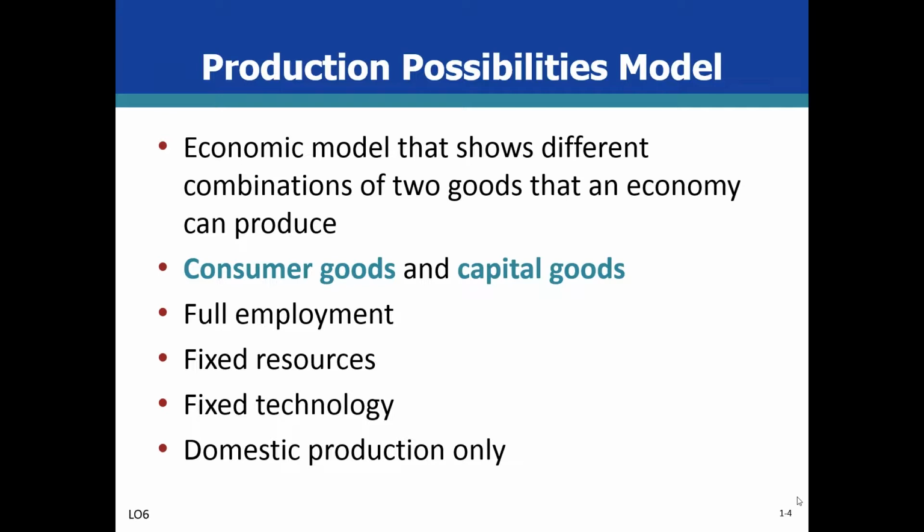Economists use a simple model to describe a country's resource limits. It's called the production possibilities model. This model makes a number of assumptions to explain the concept of limited resources and trade-offs.